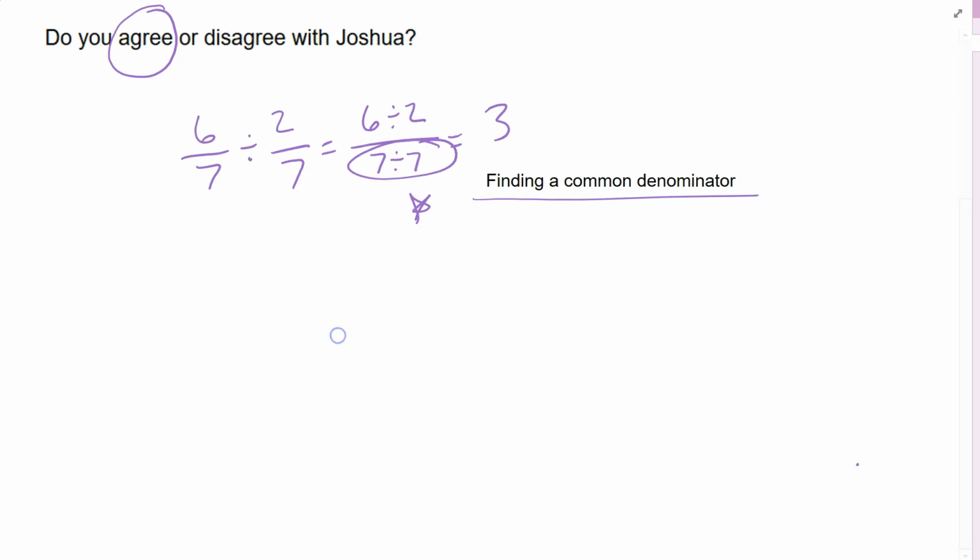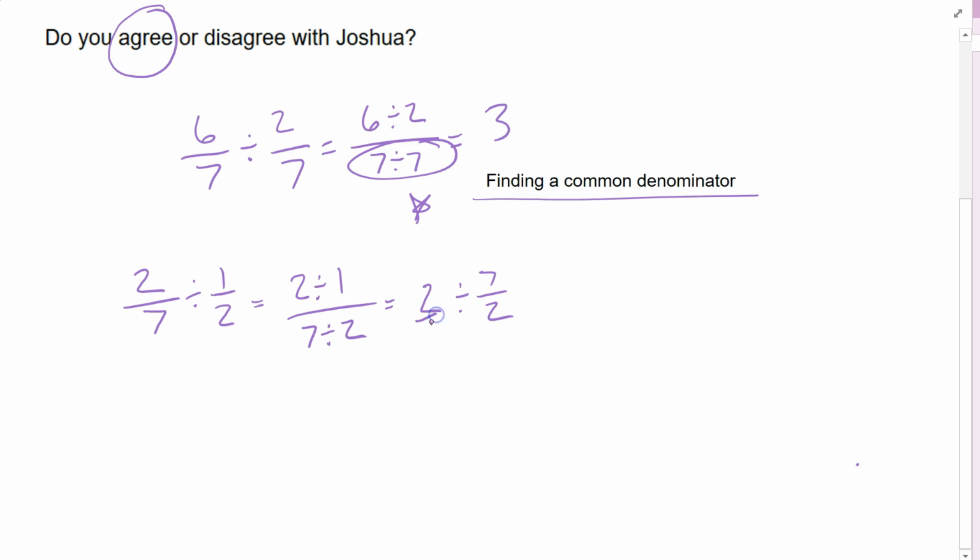But if we look at a fraction that's not as convenient, let's look at 2/7 divided by 1/2. I use Joshua's method. I have 2 divided by 1 divided by 7/2. Well, that would be 2 divided by 7/2. Really 2/1, right, if I want to keep looking like a fraction.